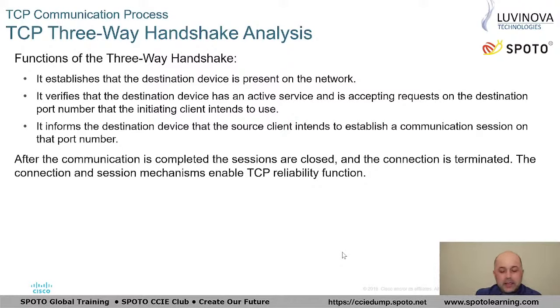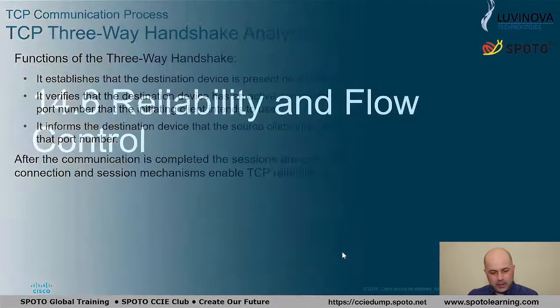It informs the destination device that the source client intends to establish a communication session on that port number. So it's establishing the session and keeps track of the application and session.